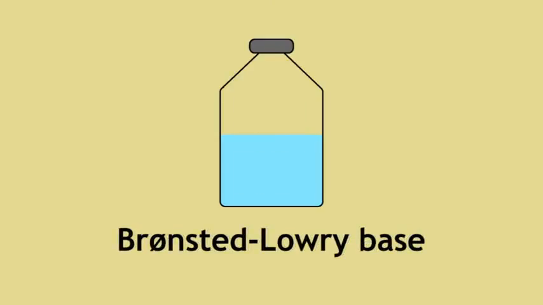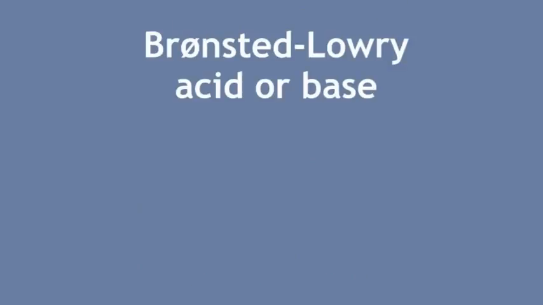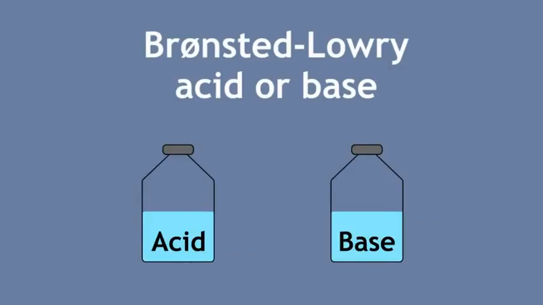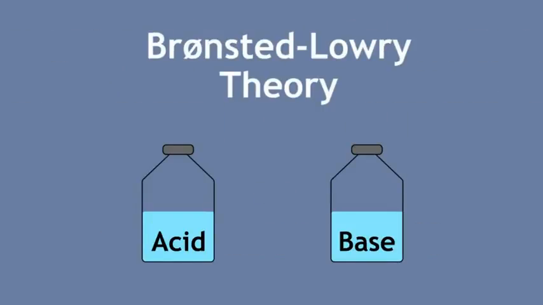A Bronsted-Lowry base is a substance that accepts protons in solution, in our case, water. Notice that the definition of a Bronsted-Lowry acid or base is not a function of pH. So an acid-base reaction, according to the Bronsted-Lowry theory, involves the transfer of a proton from one substance to another.